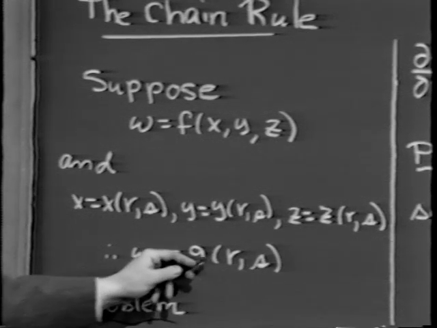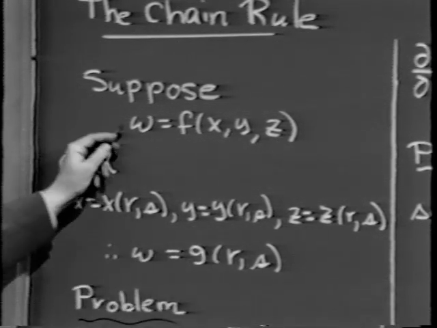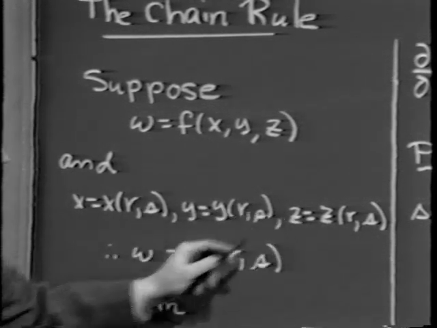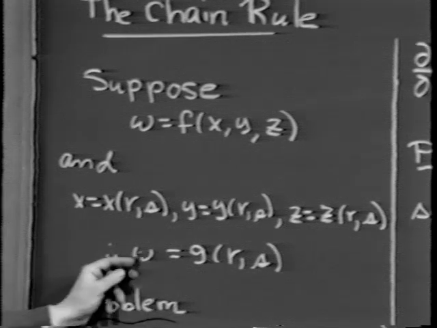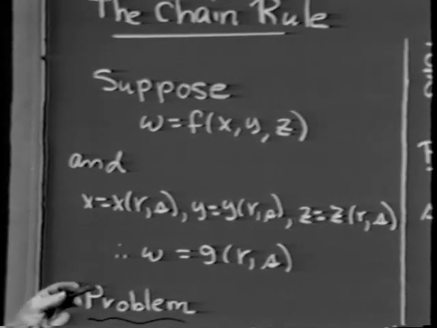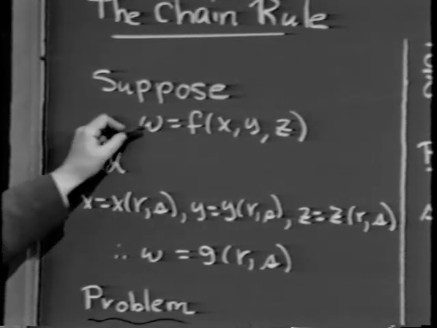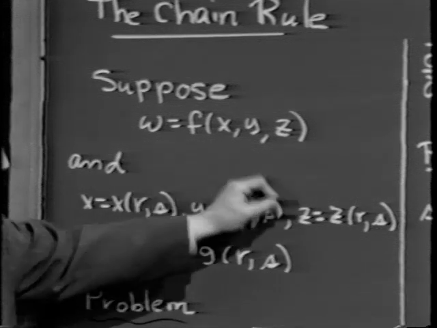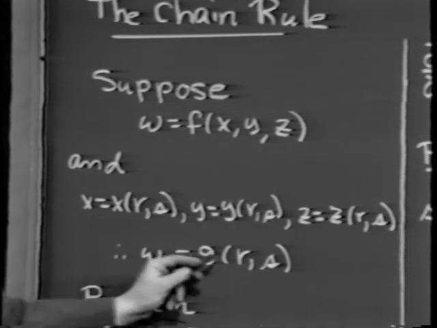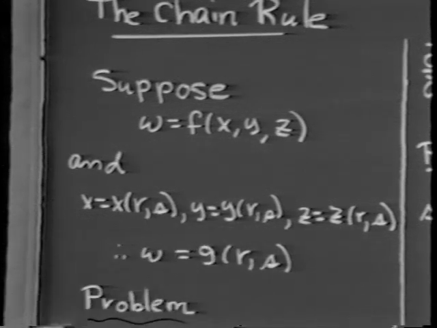But the point that we have in mind is the following. Given that w is a function of x, y, and z, given that x, y, and z are functions of r and s, hence w is a function of r and s, the question that we ask in calculus of several variables is, first of all, if we can be sure that these were all continuously differentiable functions, can we be sure that w will be a continuously differentiable function of r and s?